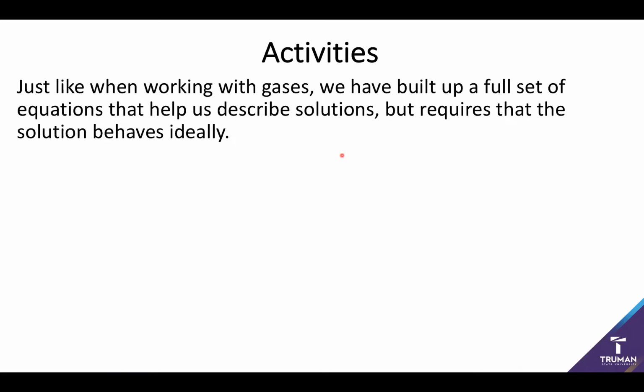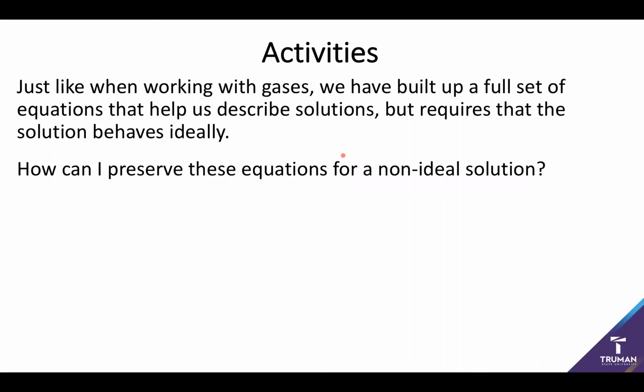Either it's behaving as an ideal solvent and follows Raoult's laws, or it behaves as an ideal solute and follows Henry's laws. Well, part of the problem is that most things don't obey one or the other, or even both. So what I need to do is try and find a way to make use of these equations we spent so much time developing for non-ideal solutions.